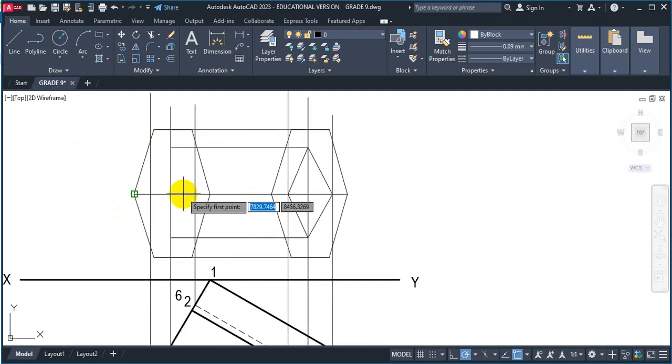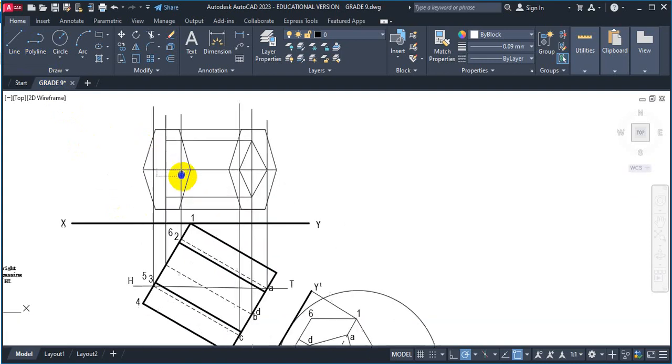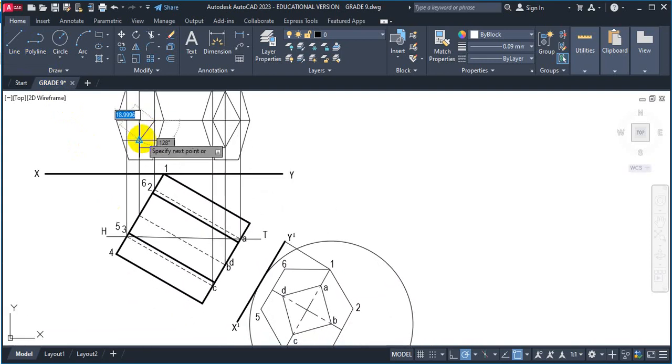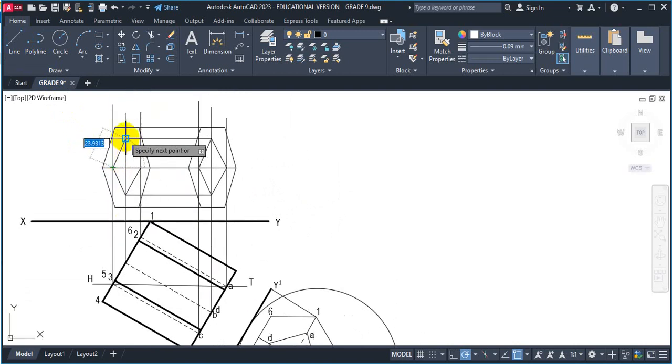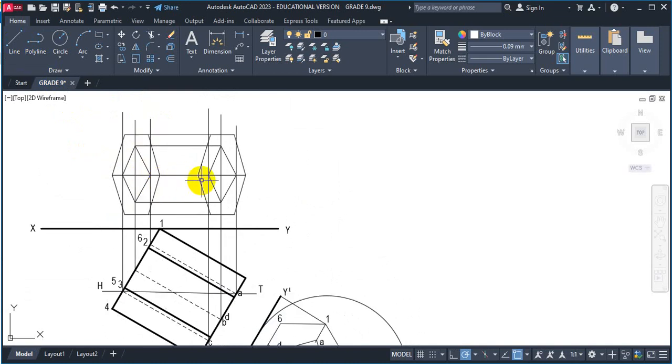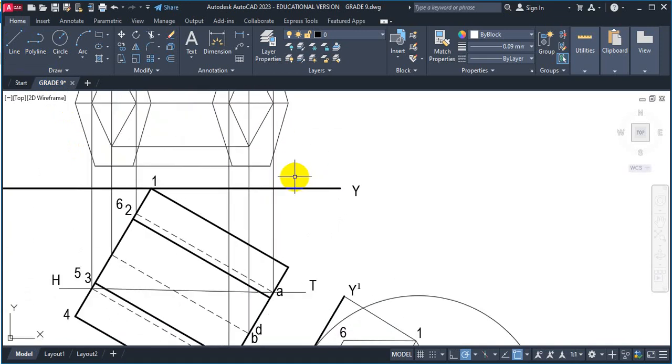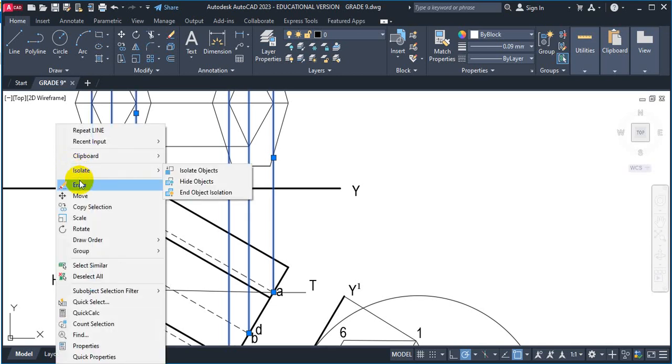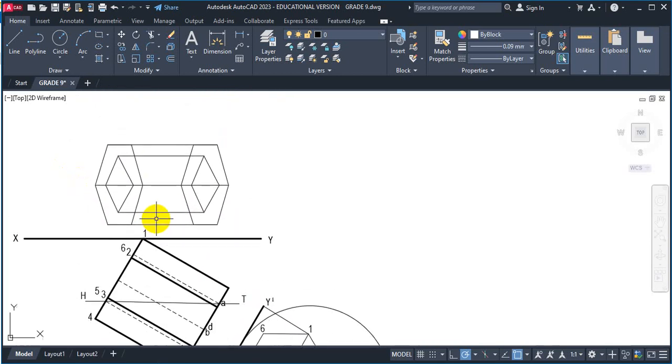Now I need to construct a light line and say A goes into B, B goes to C, and C goes to D, and back to A. Now I have my shape. Again, allow me to move these lines so that it's nice and clear.